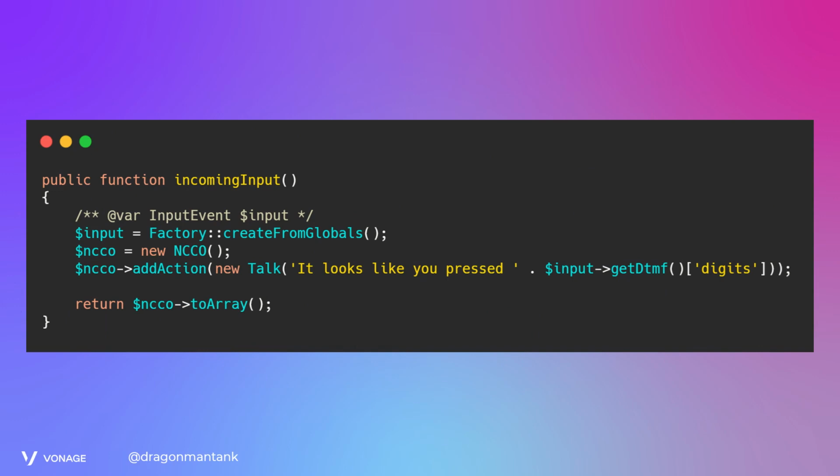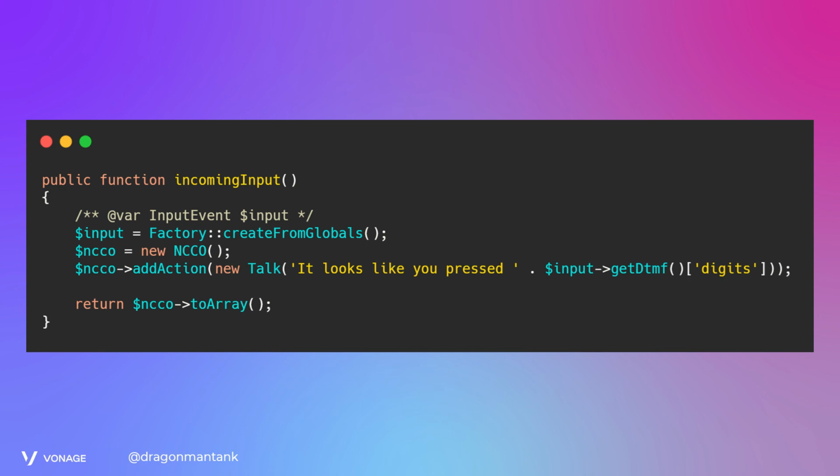So in this case, this is an example of something coming back in. We make it really easy to grab that input in most of the SDKs. So I can say, create all this information from our global information. Then we'll get that input. We're gonna make a new NCCO that just says talk. And then from that input, we can say get DTMF, which is just pushing numbers on the phone pad.